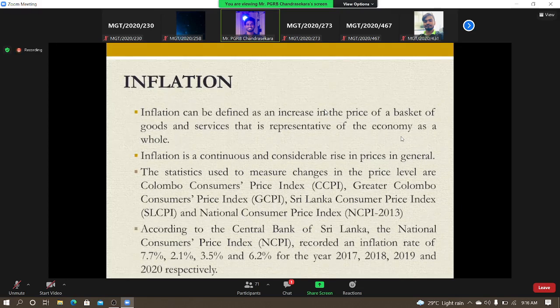we are not taking each and every good or service to calculate or identify the inflation of an economy. We are taking a certain basket of goods and services, not the entire goods and services in an economy. Those will represent the entire economy.